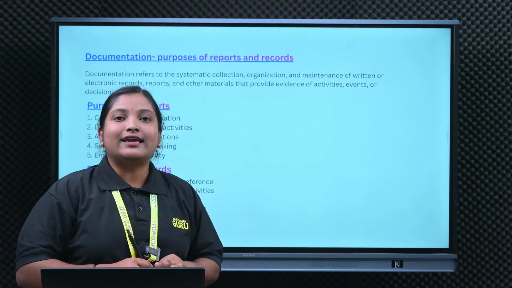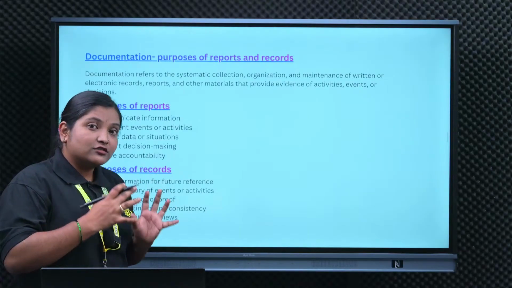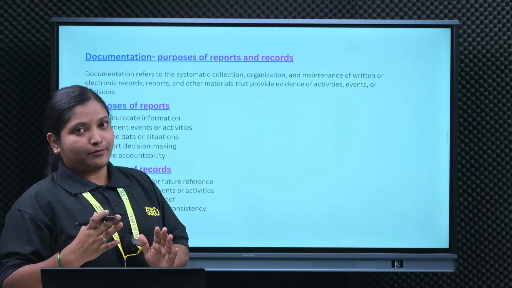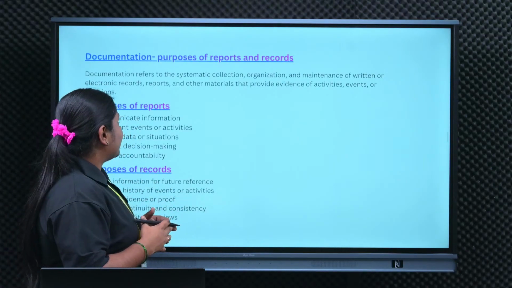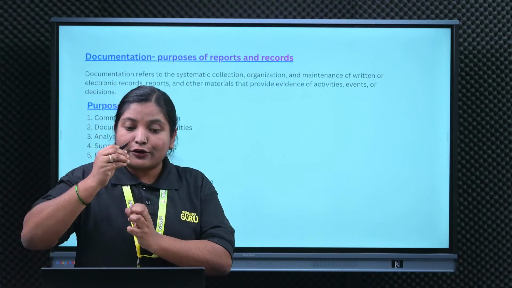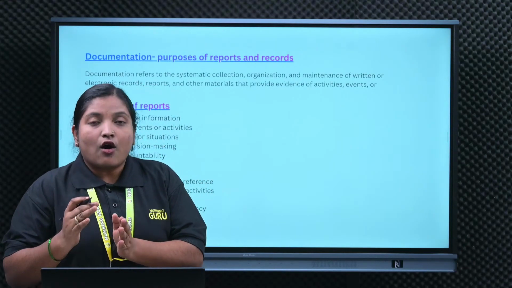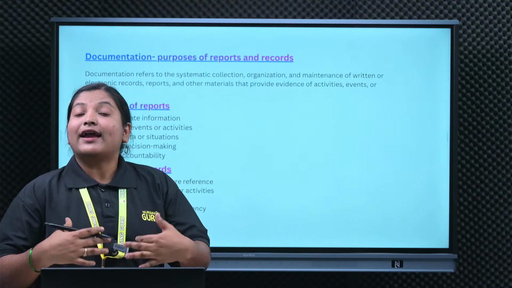These are the main things you should know to understand what documentation is. It is a systematic process of collecting, organizing and maintaining records, written or it may be electronic.